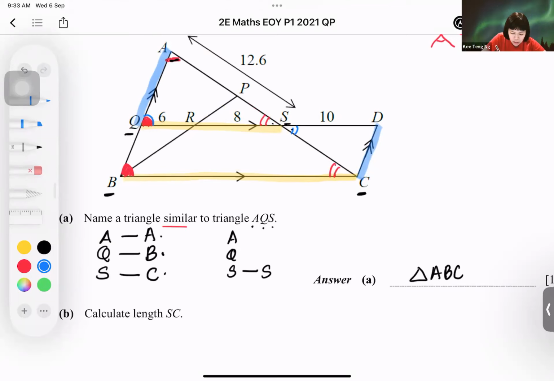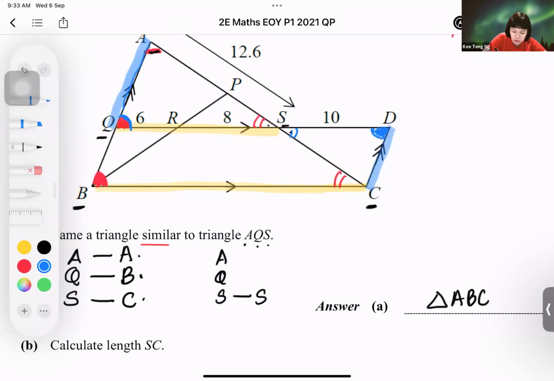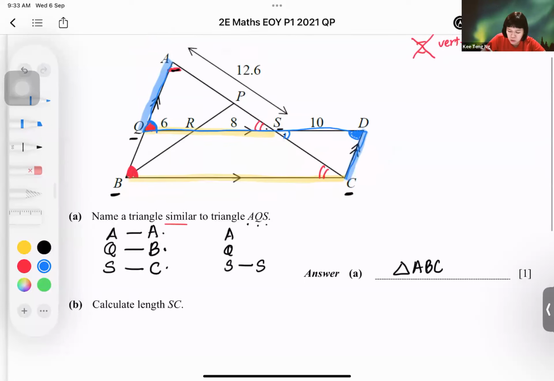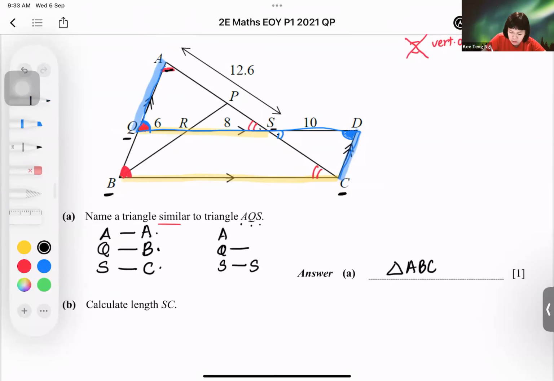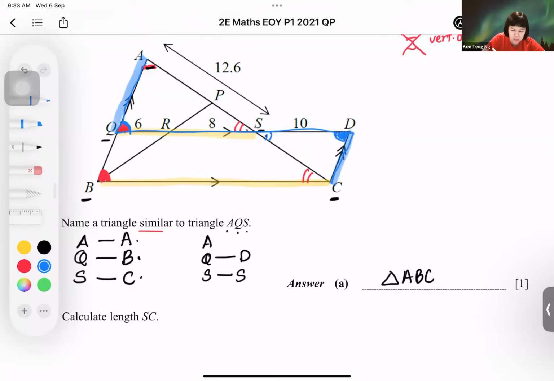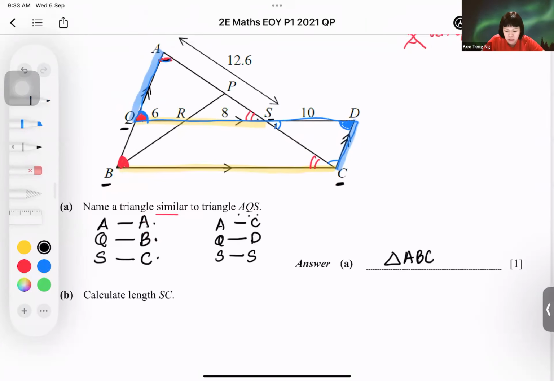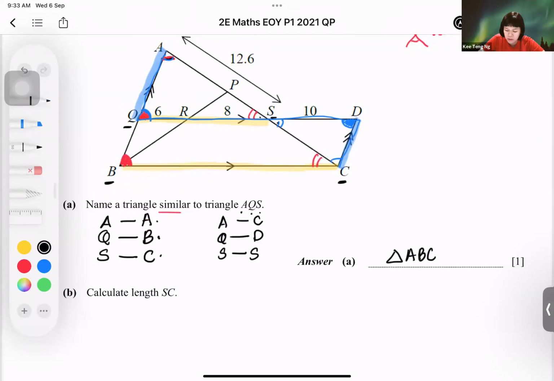Secondly, I have this angle, alternate angles on parallel lines, this one over here. So angle Q corresponds to angle D. Last but not least, if that's the case, angle A will correspond to angle C. So another alternative answer: AQS will be similar to triangle CDS as well.